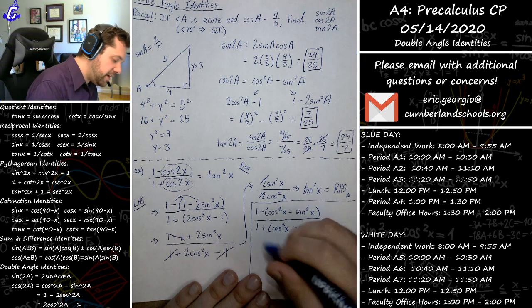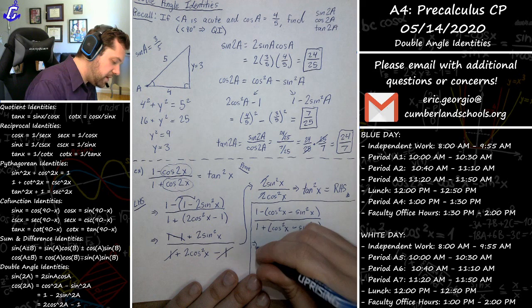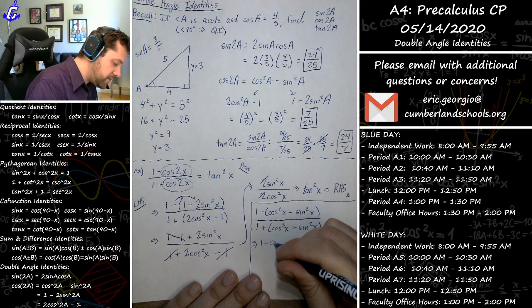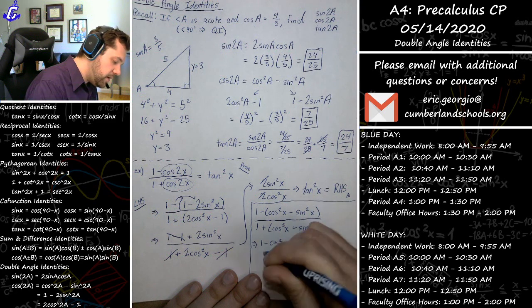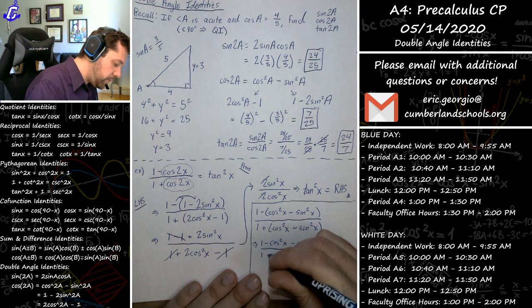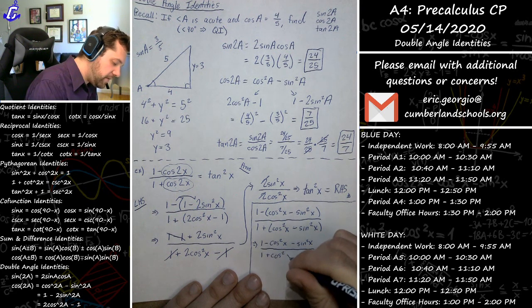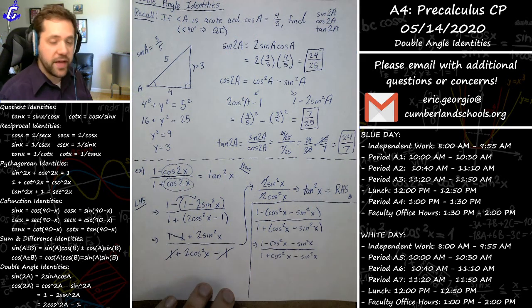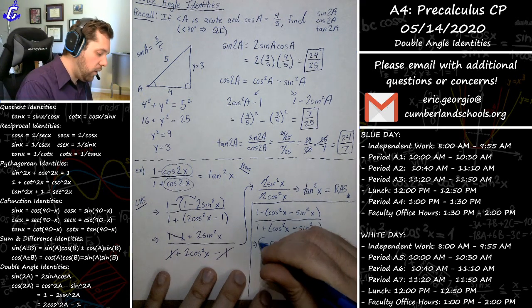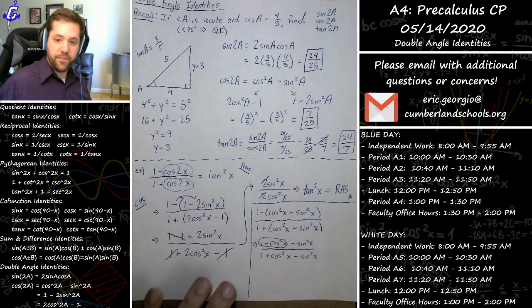Well, what we would see is in the numerator, this would come out to be 1 minus cosine squared of x minus sine squared of x. In the denominator, 1 plus cosine squared of x minus sine squared of x. Take a look at what we can then do. We can apply our Pythagorean identity to say, oh, 1 minus cosine squared, that's sine squared.